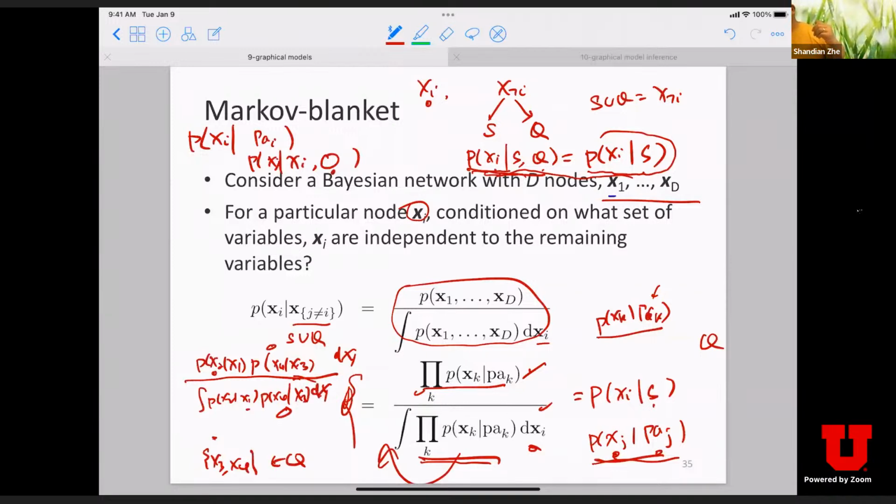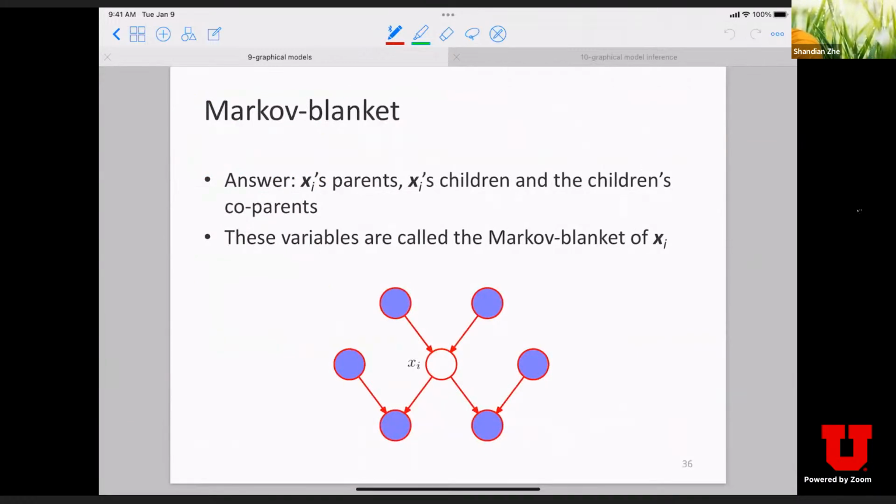Then both the co-parents and the target variable, namely the descendant of xi, will be in the Markov blanket as well. Does it make sense? So now we're clear who forms the xi Markov blanket: it includes the xi parents, xi children, and the children's co-parents.